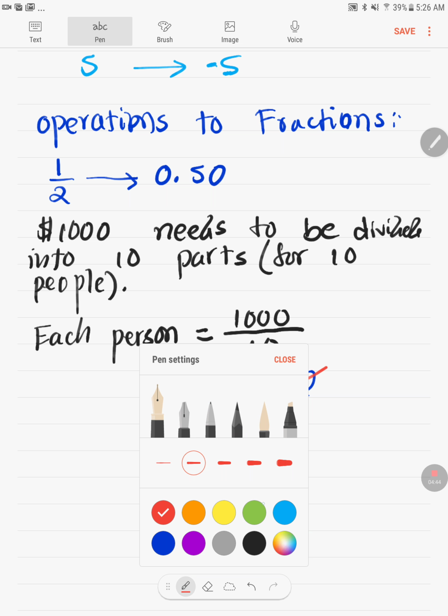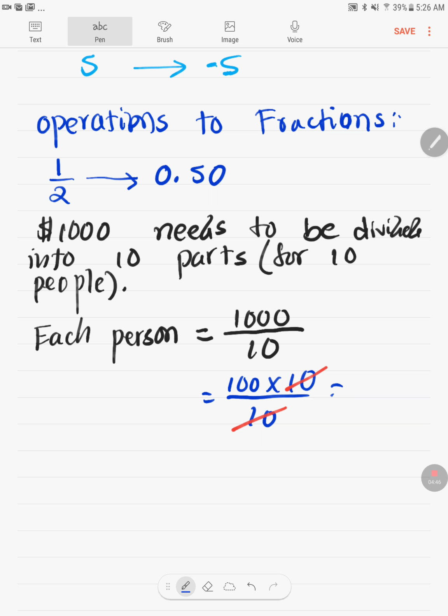And the result is actually 100. So if we divide $1,000 into 10 parts, or for 10 people, then each person will get $100. It's easy. Now we could see clearly how we form fractions.